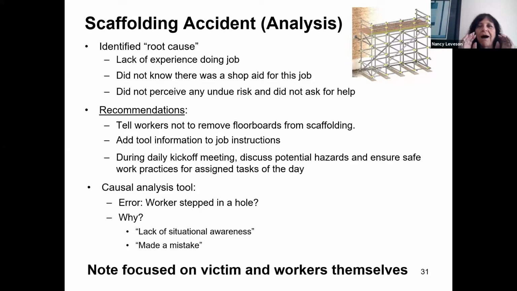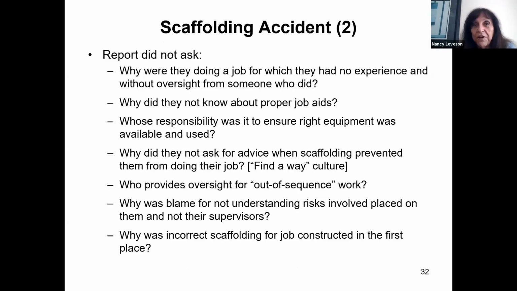Now, I looked at this and all these questions started coming up in my mind. Unfortunately, I couldn't do a CAST analysis because there was no other information and I couldn't make it up after the fact. But why didn't the report ask: why were they doing a job for which they had no experience and without oversight from someone who did have experience?